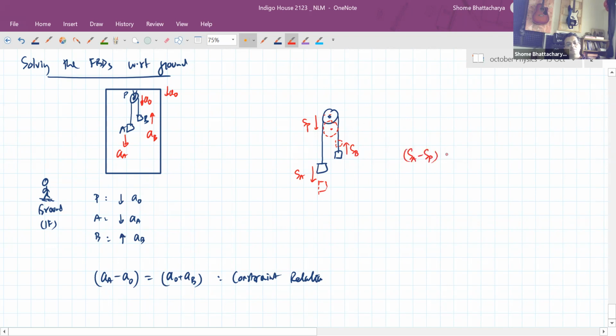That side it is decreasing. So when you double differentiate this, you get the constraint relation.